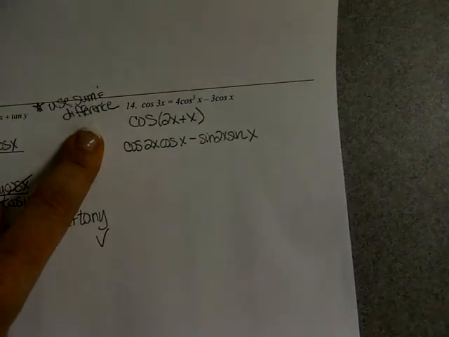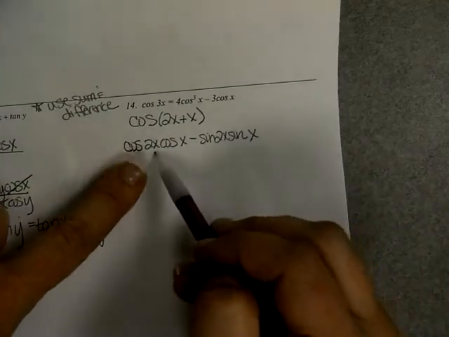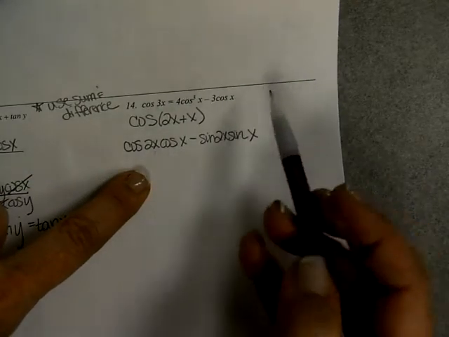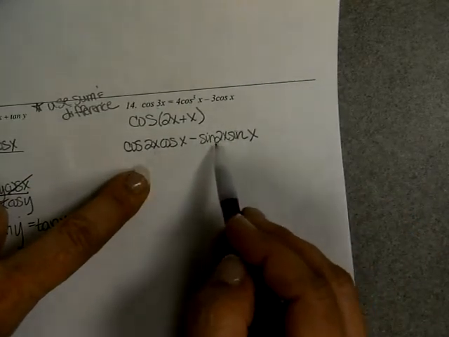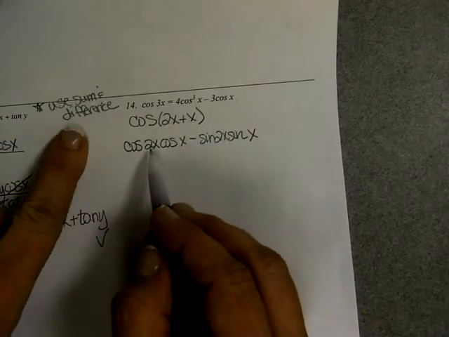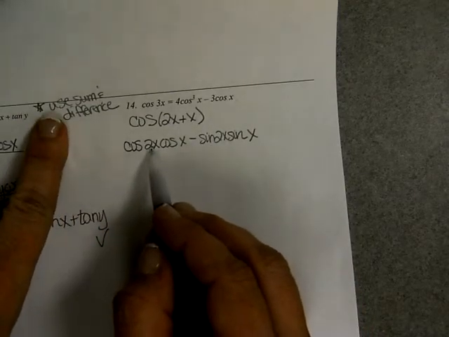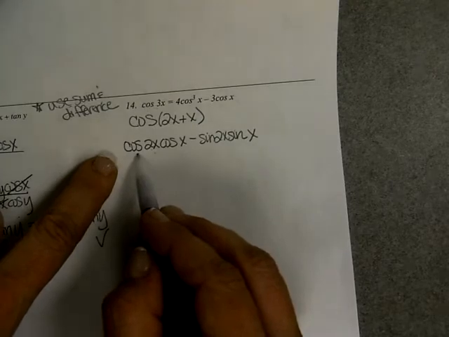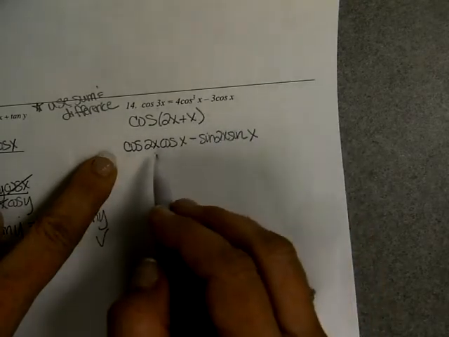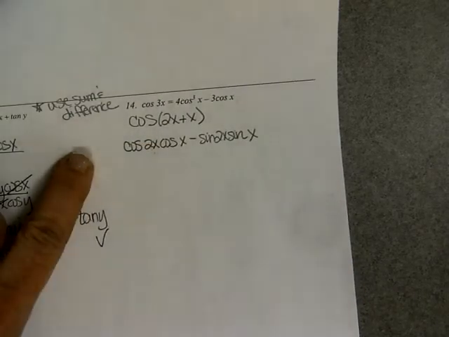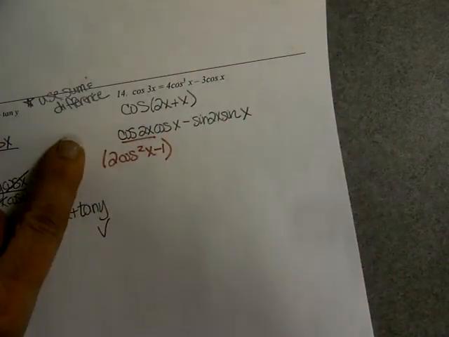Okay? So I used the sum and difference formula, and I noticed that in the desired answer, I don't have any double angles. So maybe I could break it up using the double angle formula. For cosine, we have a choice, and notice that we have cosine in our answer, so let's choose the one that's only with cosine. So this cosine 2x is going to turn into 2 cosine squared x minus 1.